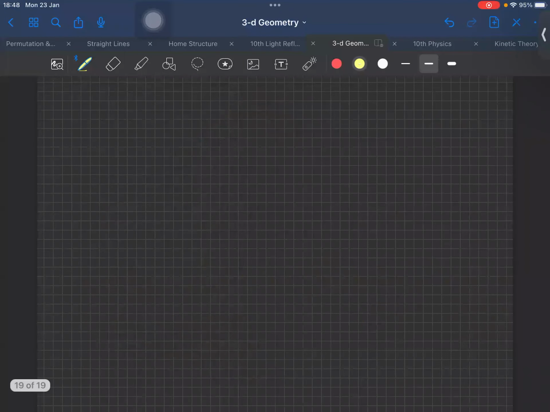All right. Similarly, question number 5 is exactly the same. In question number 5, you are given two points A and B. Point A is 4, 0, 0 and B is minus 4, 0, 0.